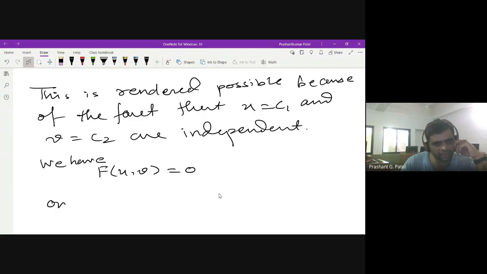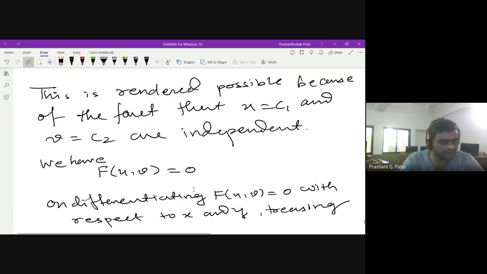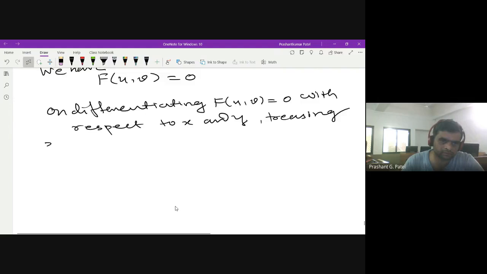So, on differentiating f of u, v equal to constant 0 with respect to x and y, treating z as a function of x and y.